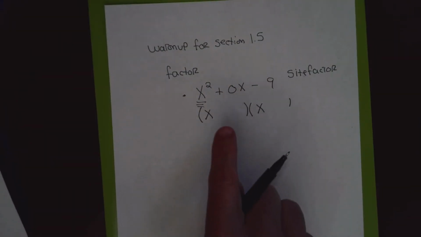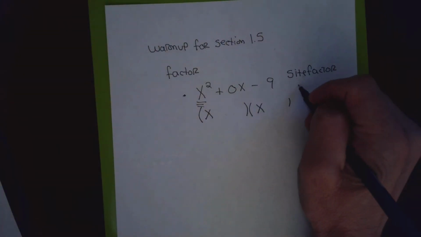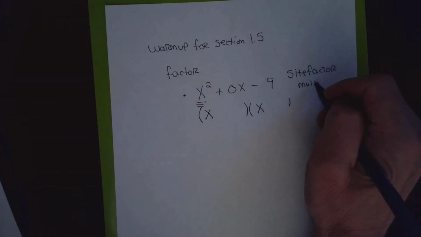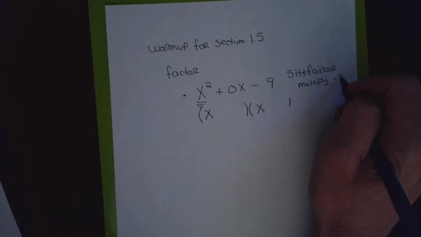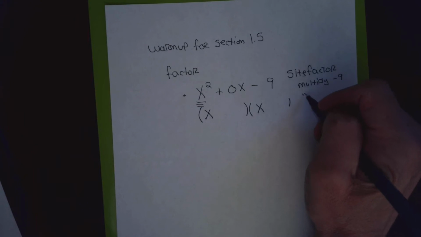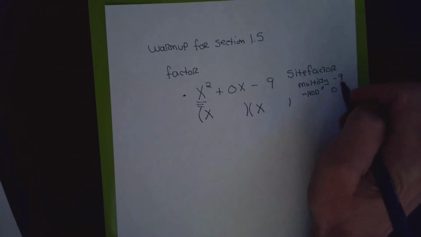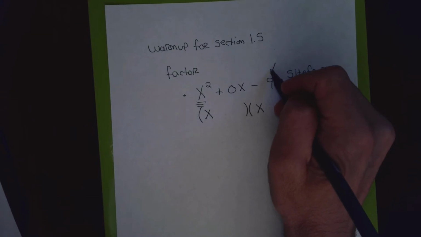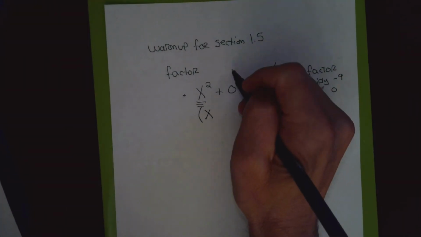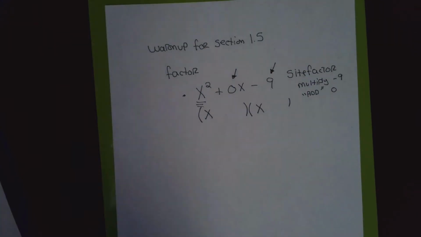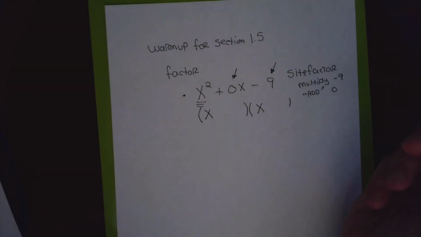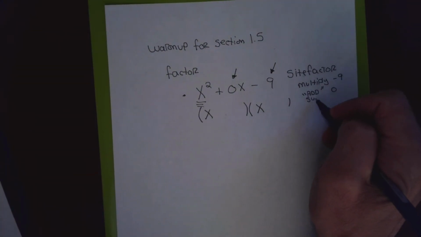To figure out what finishes up these parentheses, I'm going to need numbers, plus and minus, big number plus, small number minus, that multiply to negative 9 and add to 0, because the negative 9 there is what I'm targeting. The 0 here I'm also targeting. Add in quotes because when the signs are plus and minus, the adding is really subtracting.